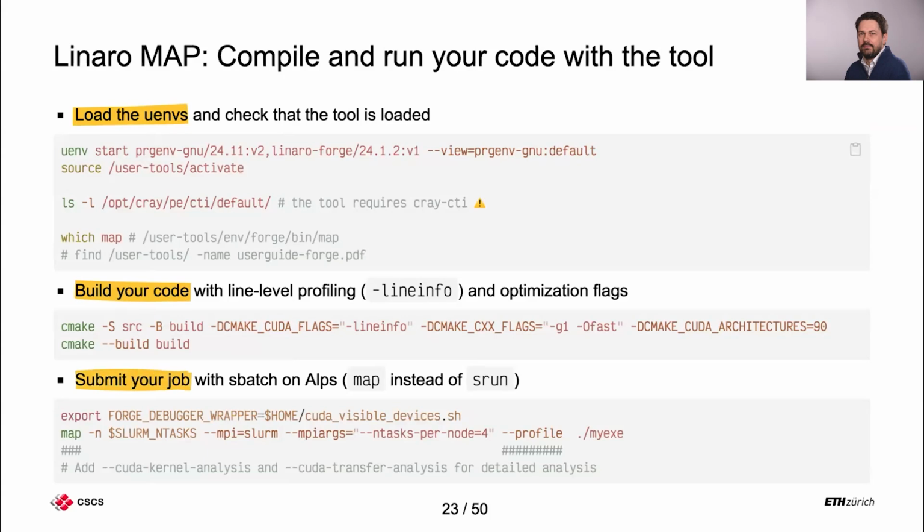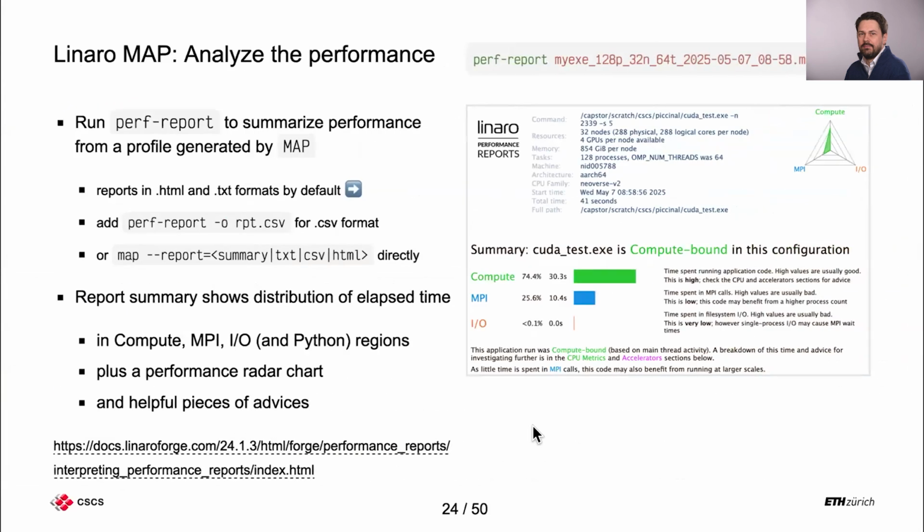And then you submit your job this way. You just basically replace srun with map. By default, you will get useful information. But if you want advanced data, then you can add the CUDA kernel analysis flag or the CUDA transfer analysis flag to map.